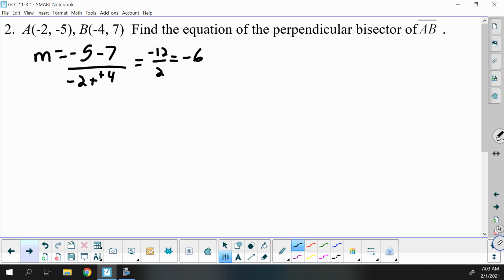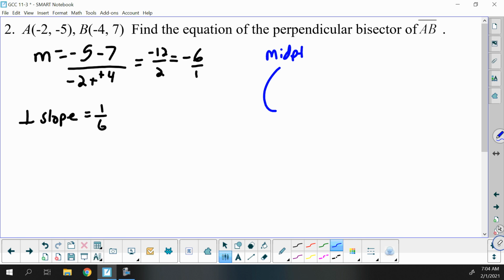Well, now we want the perpendicular slope. Keep in mind, this is really negative 6 over 1. So when we flip it and change the sign, we're going to get positive 1/6 for the slope. So we'll leave that to the side for a second, and now let's go do the midpoint.